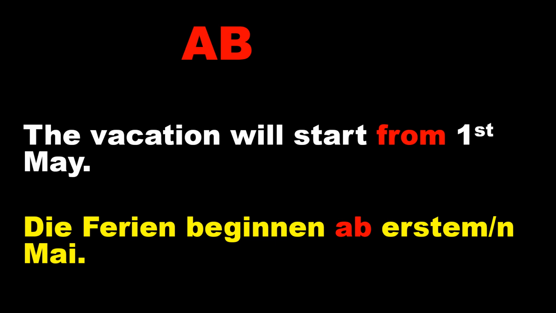You can use any of them. Die Ferien, that is the vacation, that is always plural. That is why we have used the plural form of the verb, beginnen. Die Ferien beginnen ab, that is the preposition here, which means from 1. Mai. That is how we will use the preposition ab.